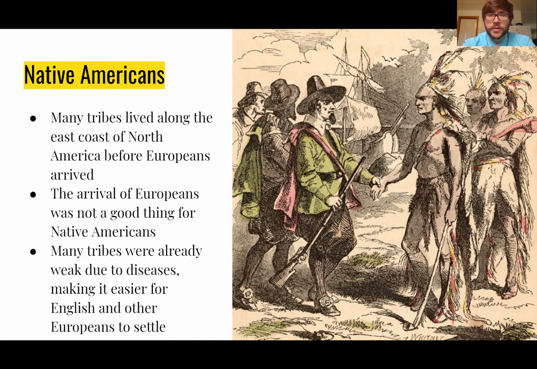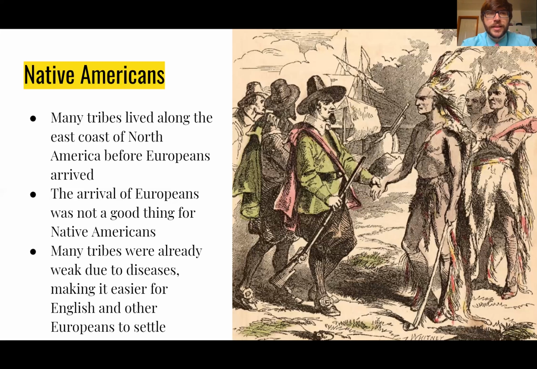So when Europeans started arriving first in Central America, when the Spanish arrived in the Caribbean and then in Mexico, diseases started spreading throughout North and South America. So the North American Native Americans experienced disease before they ever even saw a European because it spread so fast. And so a lot of their population was decimated.